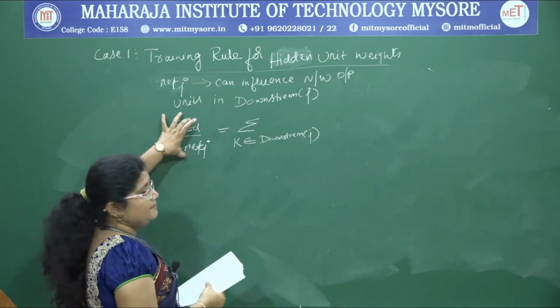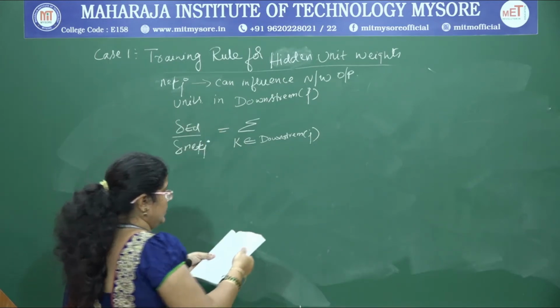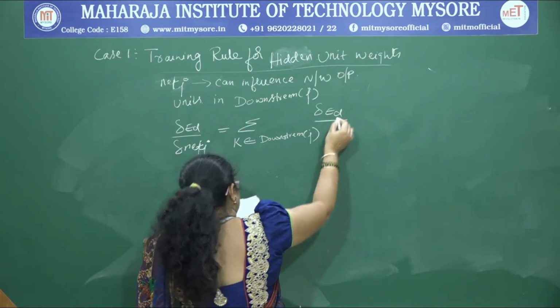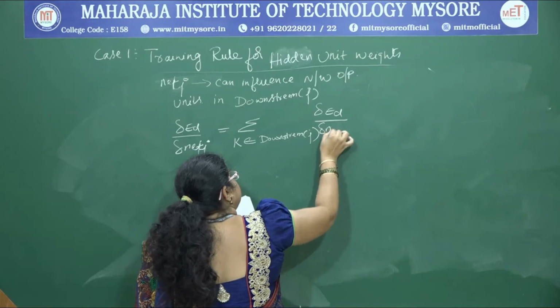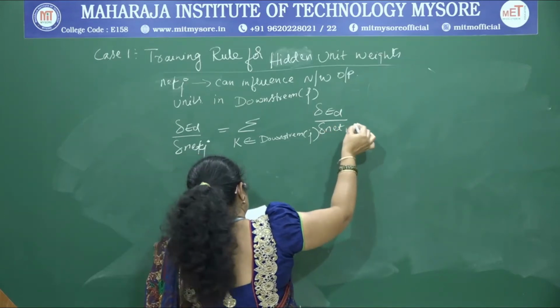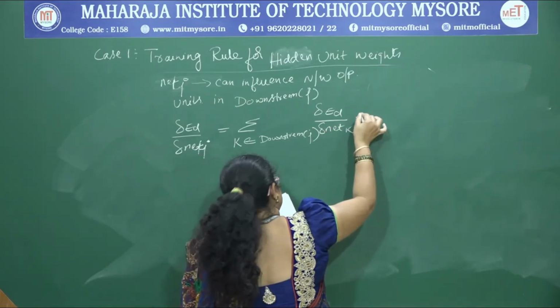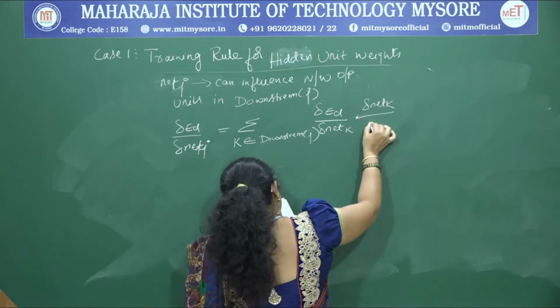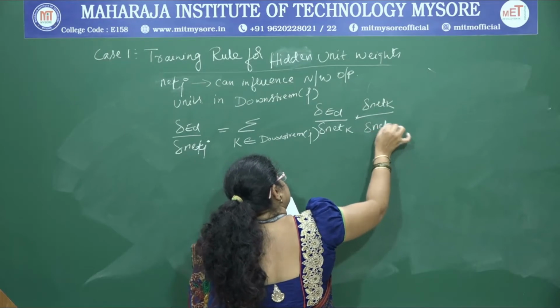This particular part can be written as delta Ed by delta of net k multiplied by delta of net k by delta of net j.